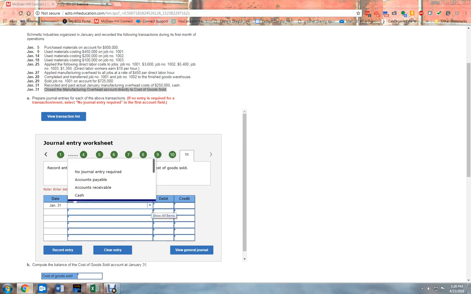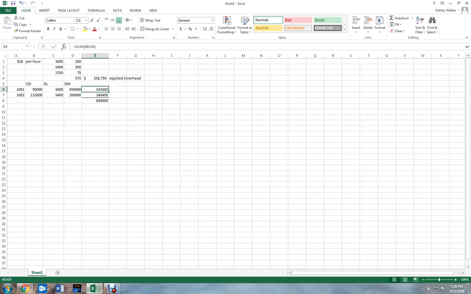So the thing is, you need to decide which way it needs to go. Is it over-applied overhead or under-applied overhead? So remember, our cost of goods sold, unadjusted, if we go look, when we added these two together, 543,600 and 340,400, we got our total.